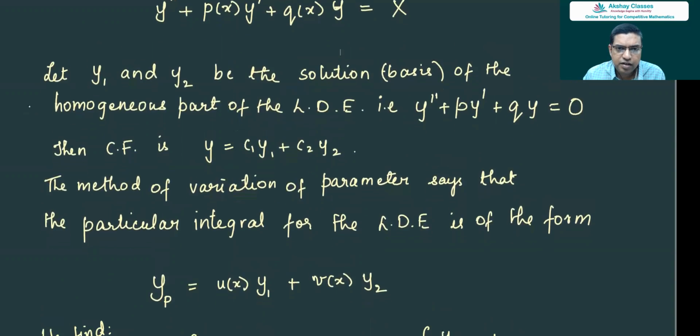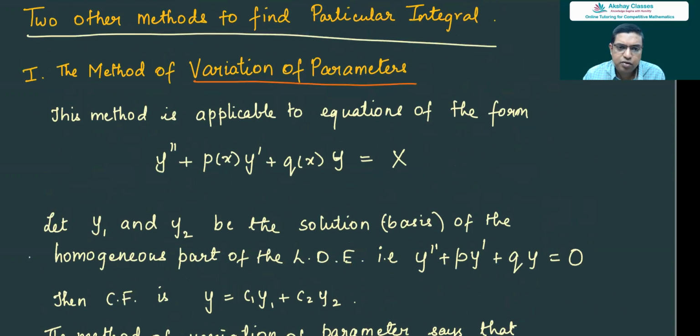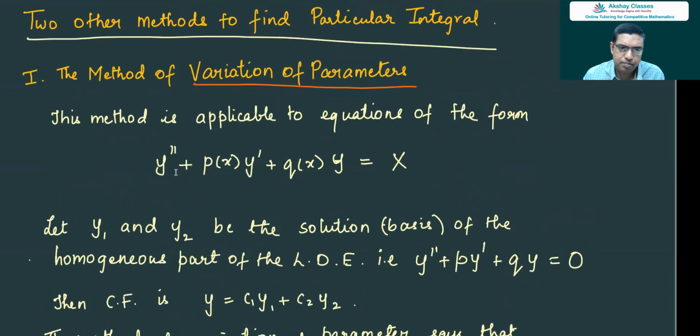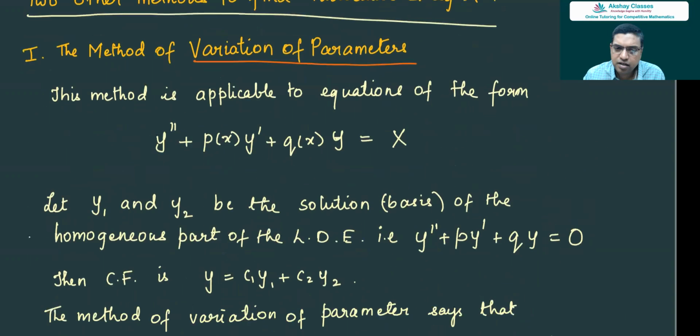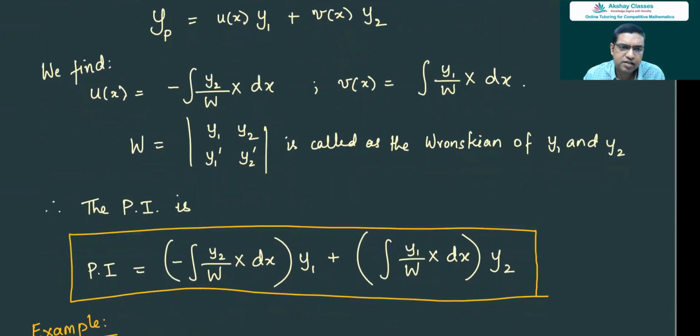Now, how do we find them? Of course, this is restricted to equations of this type, y double dash plus p of x times y dash plus q of x times y is equal to capital X. And how did we find this u(x) and v(x)?